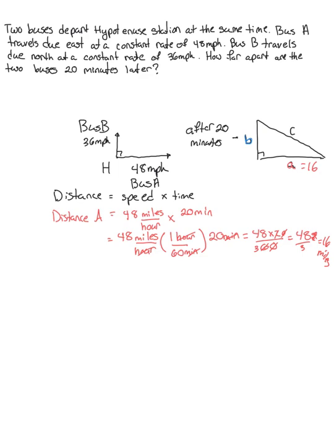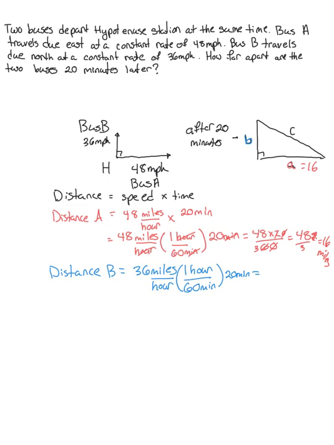And for the distance for B, well, 36 miles per hour. And we have to do the same conversion, so I'll just throw that in here. And same distance.